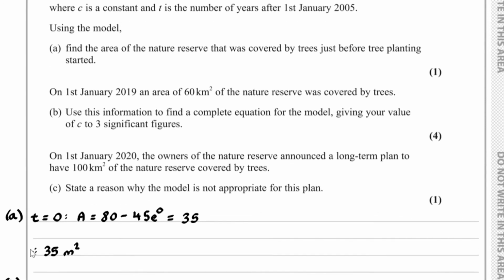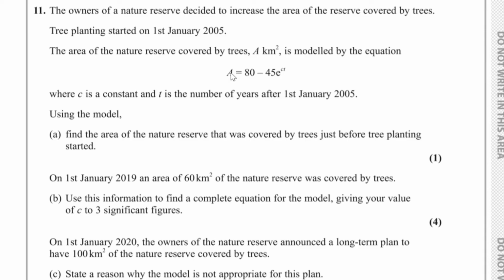For part B, on the 1st of January 2019, an area of 60 kilometers squared of the nature reserve was covered by trees. Use this information to find a complete equation for the model. Give the value of c to 3 significant figures. Well, A this time is equal to 60 and t is equal to 14.